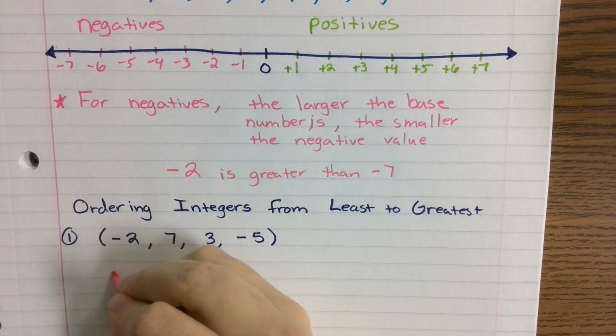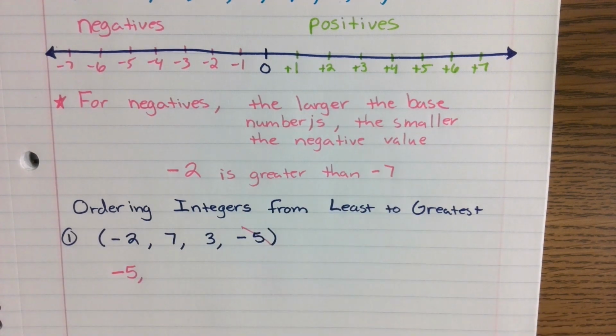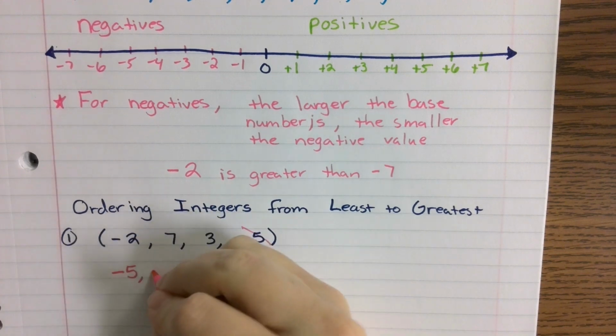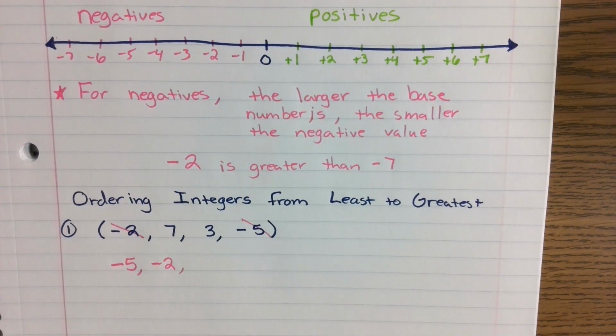So we're going to first write that -5. I can cross it off. It's always a good idea that when you're ordering numbers, cross them off as you are finished with it. So I'm going to cross off that -5. Then I'm going to write my -2 and cross that off. I have no more negatives. I don't have a 0 either. So I'm now just left with my positives.